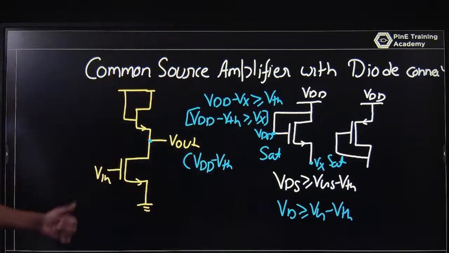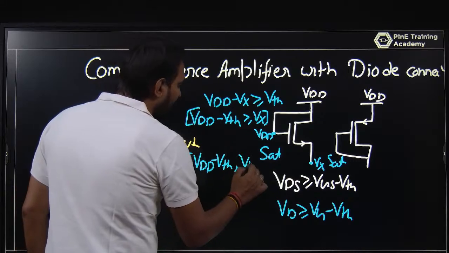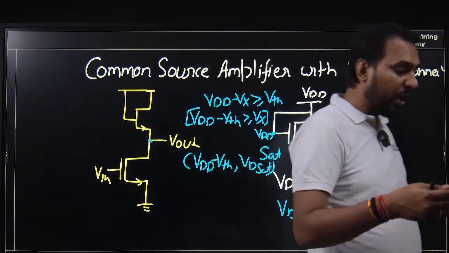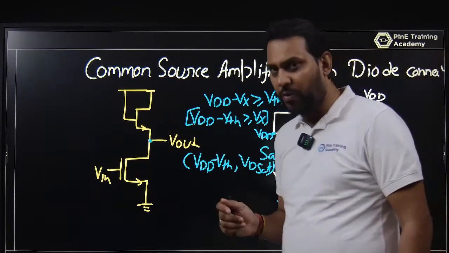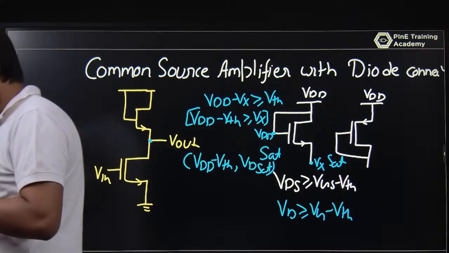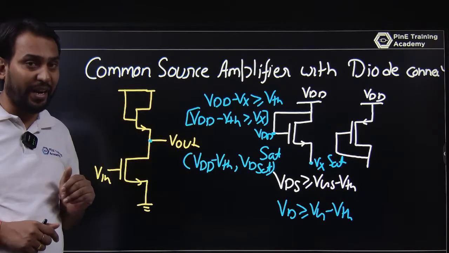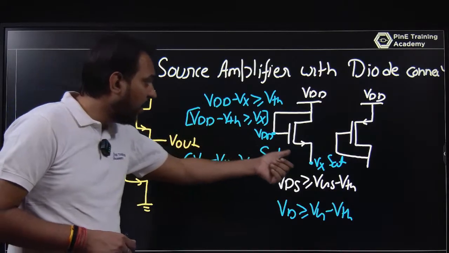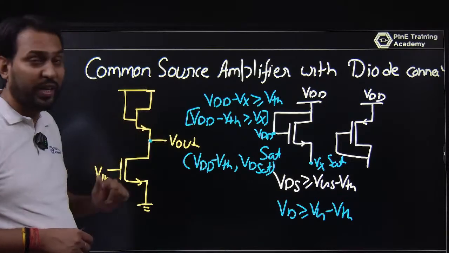In the last class that was 0. Here that is VDD minus VTH. And similarly the minimum voltage to keep the MOSFET in saturation is VD sat. So we can think in such a way: if you are using a diode-connected load in place of a resistor, the swing is reduced. In the previous case the swing was from near VDD to VD sat, and here Vx is at most VDD minus VTH, the maximum voltage it can attain to keep the MOSFET on.